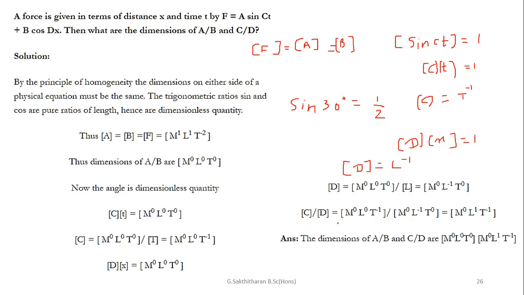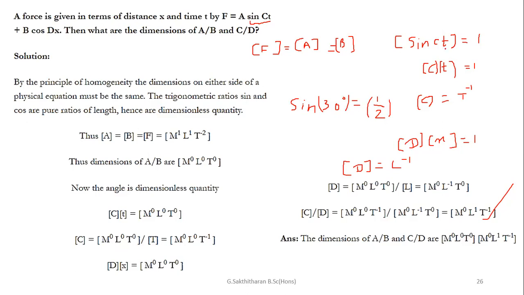So dimensions of C over D equal to L T minus 1, and also A over B equal to 1, because sine C is a value. The angle of the sine is a value, so constant, they don't have dimension.